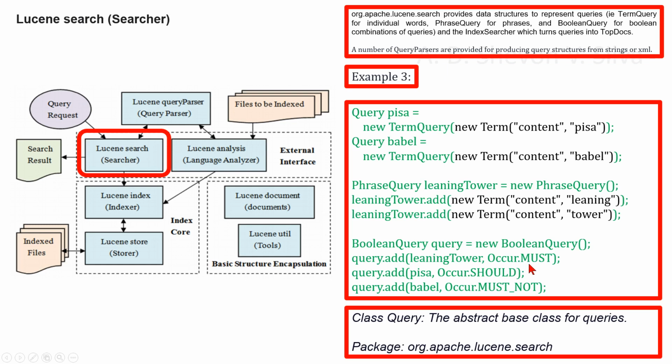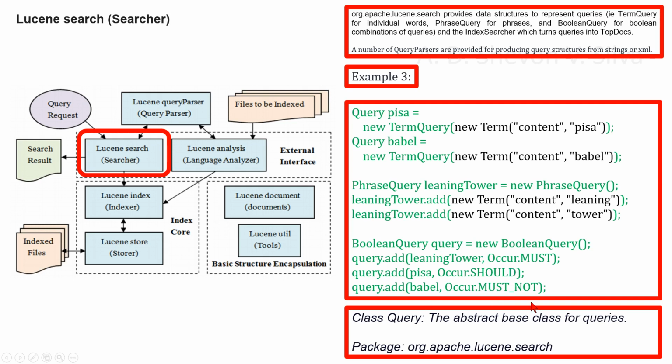Here, MUST: use this operator for clauses that must appear in the matching document. SHOULD: use this operator for clauses that should appear in the matching documents. MUST_NOT: use this operator for clauses that must not appear in the matching documents.